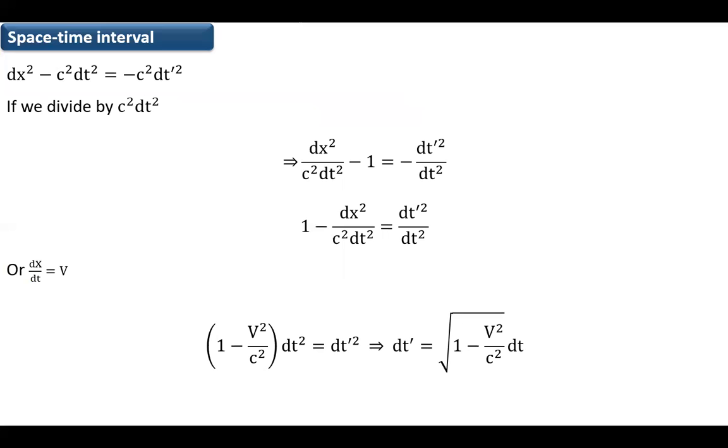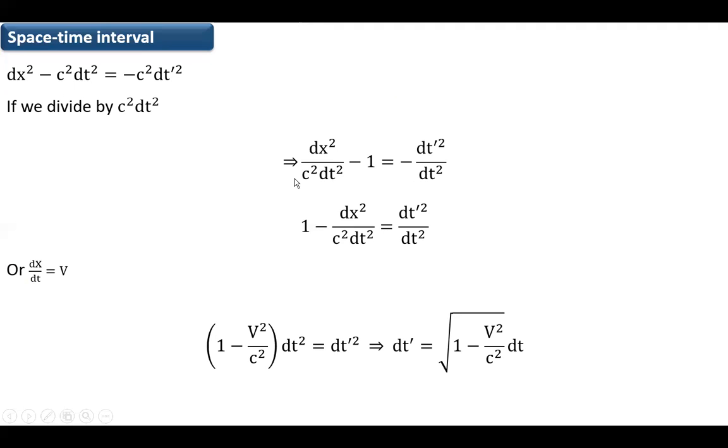If you take this equation and divide it by c squared dt squared, you will get dx squared over c squared dt squared minus c squared dt squared over c squared dt squared, which is 1, so it's minus 1, equal to minus dt prime squared over dt squared, after canceling the c squared.